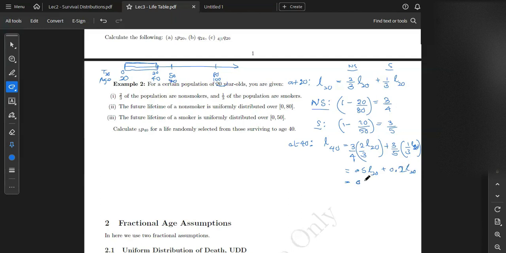So eventually we have 70%. So from the entire population, we have 70% of the people as survivors after 20 years.